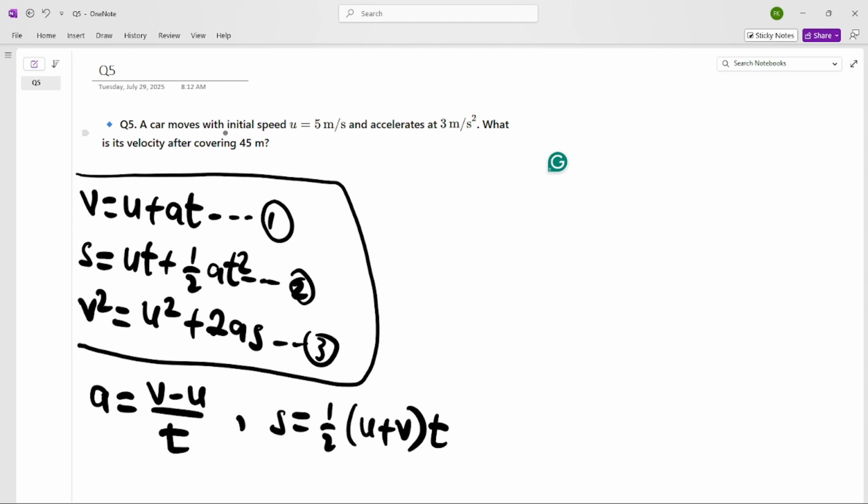A car moves with initial speed. Oh, here they have labeled it. U equals 5 meters per second. So they have given us U equals 5 meters per second. I'll leave the rest to you. What are the other parameters that we have?